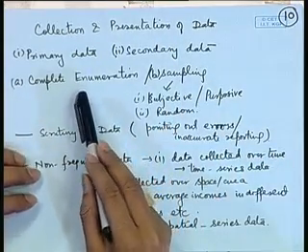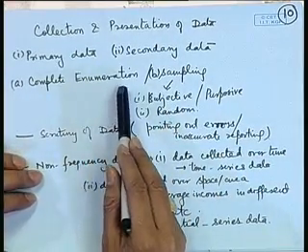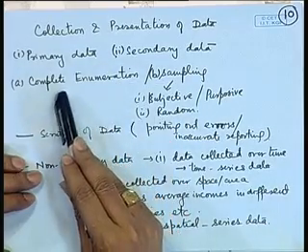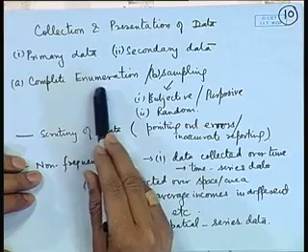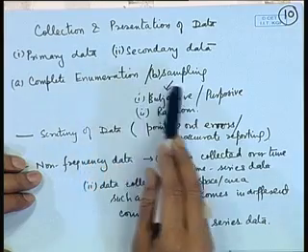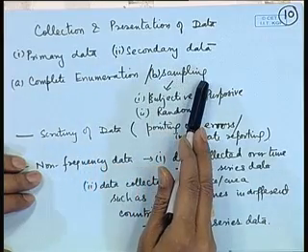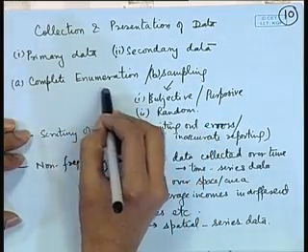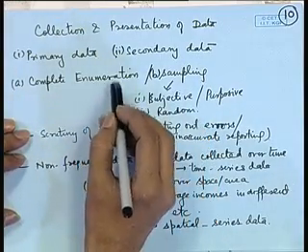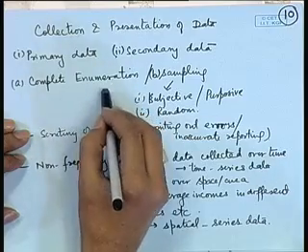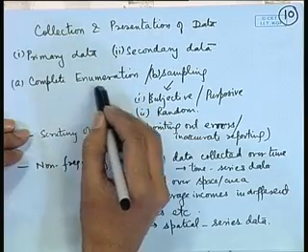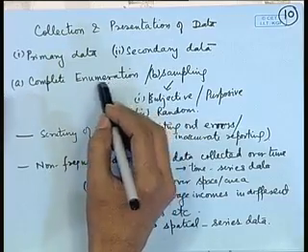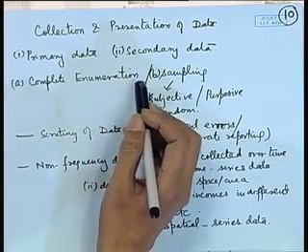Now, when we collect the data on a certain aspect, there are two types of collections. One is complete enumeration, that means we take the data on each unit of the population, or we adopt sampling. So, what is the difference between these two? For example, suppose I want to know about consumption of a certain South Indian dish which is being taken by people.